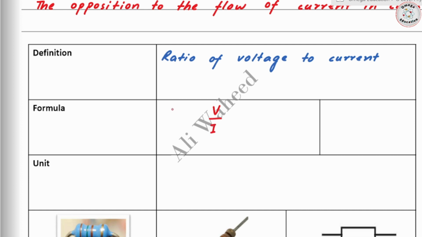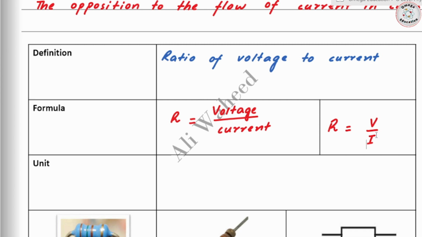And the resistance, the physical quantity resistance, is represented by the symbol capital R. Right, so R equals resistance equals voltage divided by current. All right, and on the right side we are writing symbolically R equals V over I. Or sometimes you can also write R equals P.D. over I, potential difference over current.